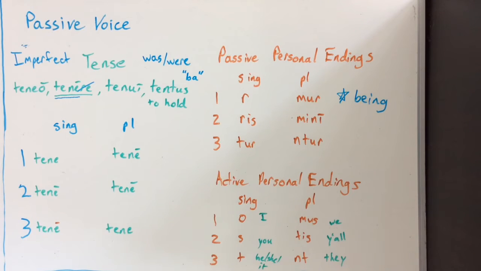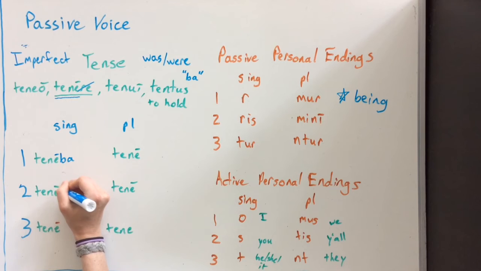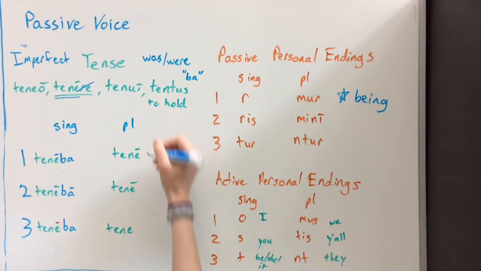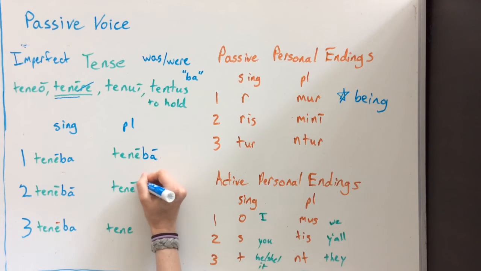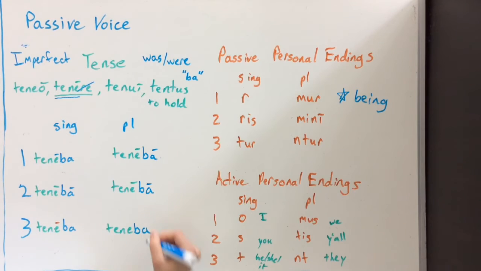And it's going to keep doing that. So let's fill in all those ba's. Now I'm using the long marks, but remember that is not something that I'm expecting you to do. I'm just doing it for practice. We've got all of our ba's showing this is imperfect.